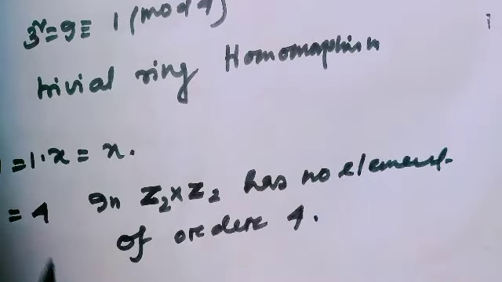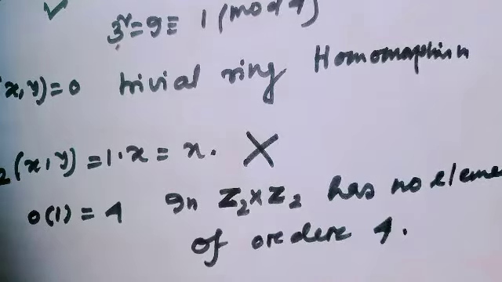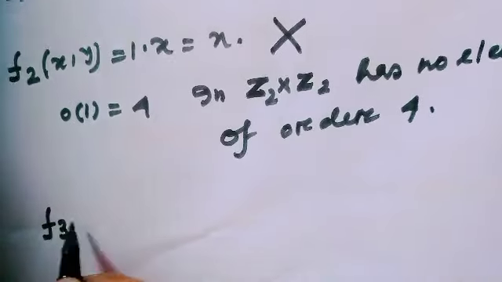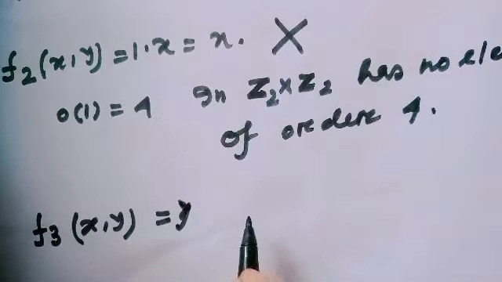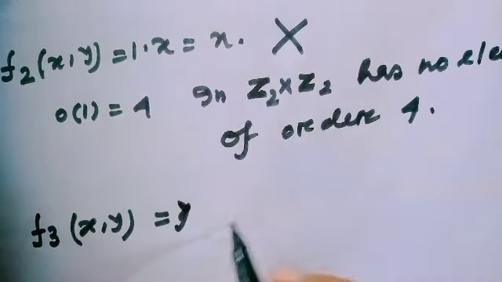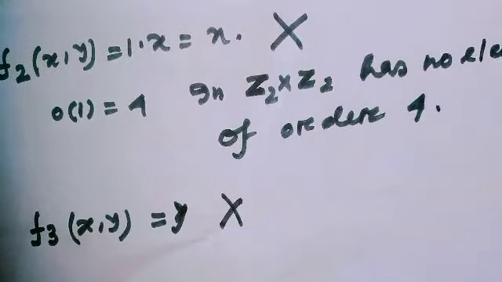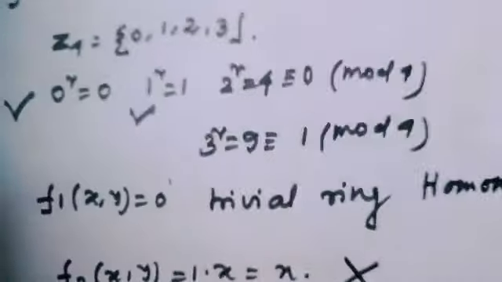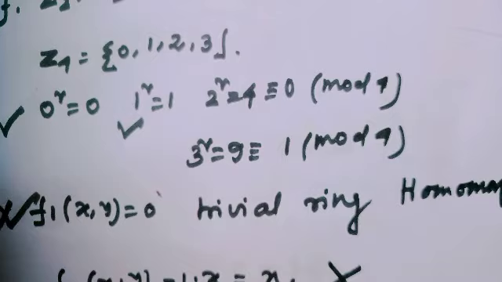So this ring homomorphism is not possible. Are you getting the method? Similarly, if we consider f3(x,y) equal to 1, then similar to before, this is also not a ring homomorphism. So there exists only one ring homomorphism, and this is the trivial homomorphism. Are you getting the method?